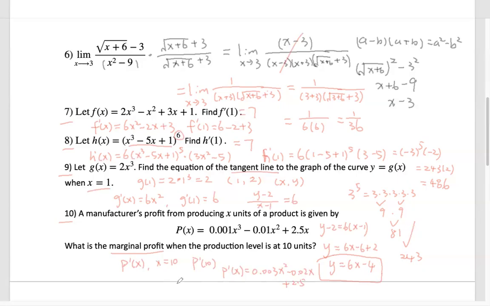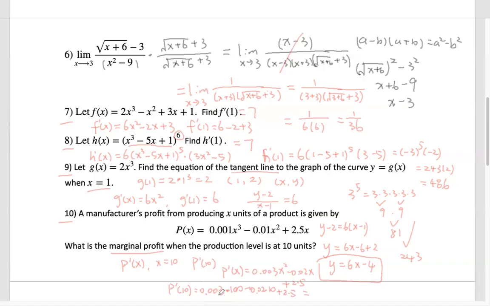Then plug in 10 for x. So I have 0.03 times 10 squared, which is 100, minus 0.02 times 10 plus 2.5. Well, 100 has 2 zeros, right?